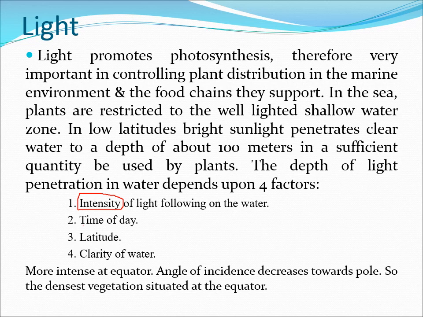Second, time of the day. The intensity of light varies during the day. At 12 o'clock, an area gets the maximum amount of sunlight. During this entire 24-hour span, the amount of sunlight varies from the morning to the evening. Across latitude, intensity also varies.